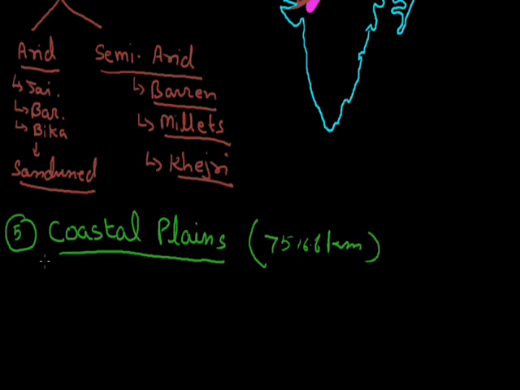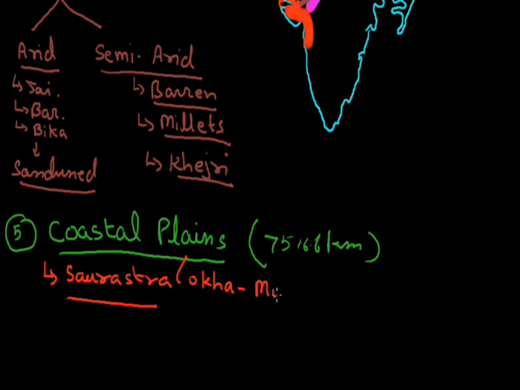The first one is the Saurashtra coast. This Saurashtra coast is from the whole Gujarat region till Bombay. It is from Okha, the westernmost point of India, to Mumbai.